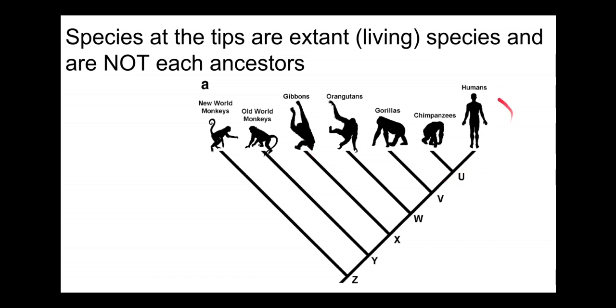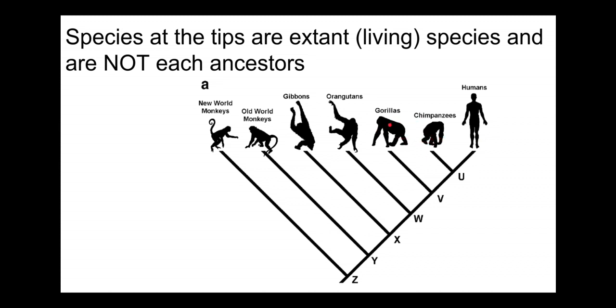Usually we put species that are still alive, or extant, on the tips. We can think of them as sister species or cousin species. They are not each other's ancestors. We are not descended from chimpanzees. Chimpanzees are our siblings. Chimpanzees did not descend or evolve from gorillas.